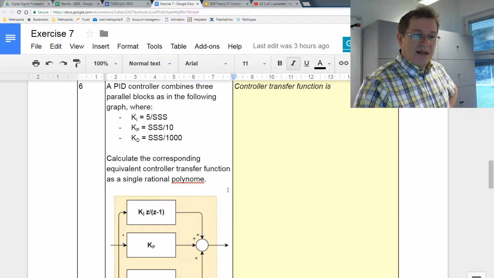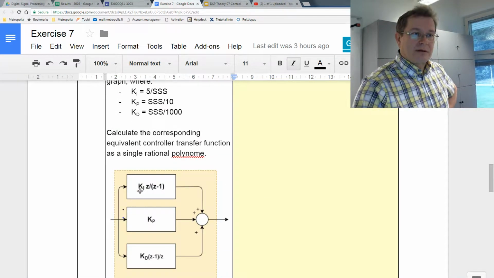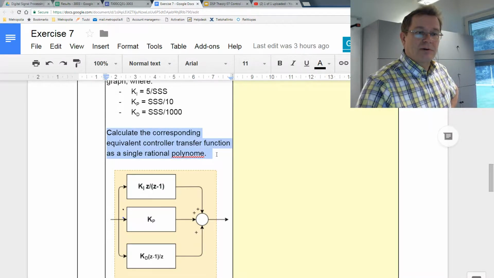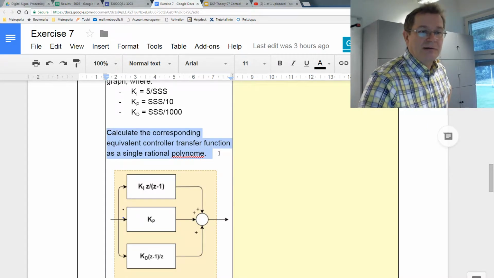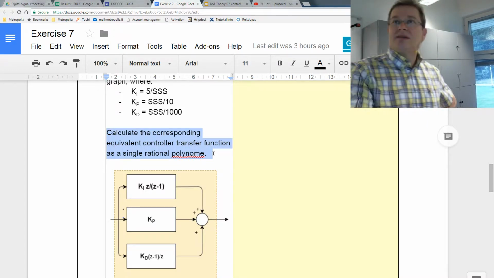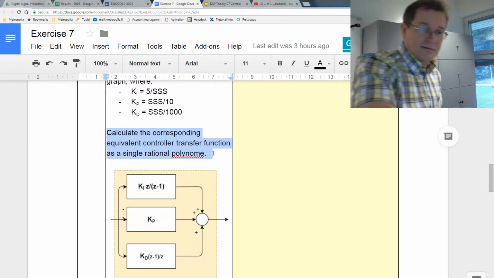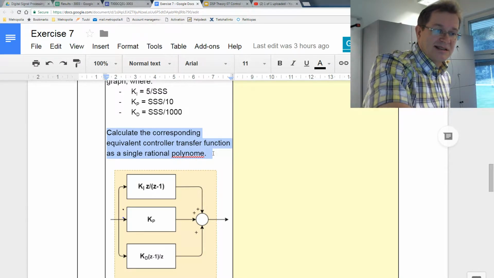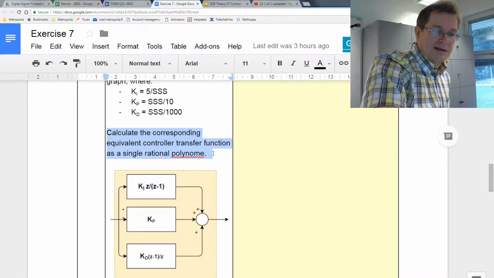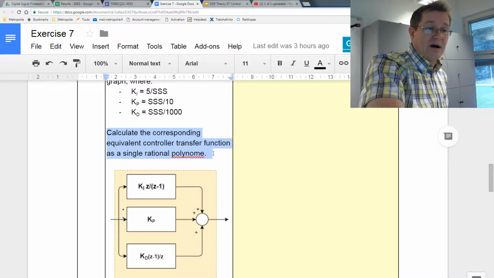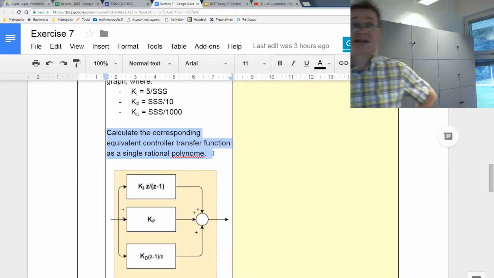But anyways, that's the control system. You have the parameters. First is to calculate the corresponding equivalent controller transfer function as a single rational polynomial. This is giving this form that it has some value kp plus kd times (z minus 1) divided by z plus ki times z divided by (z minus 1).